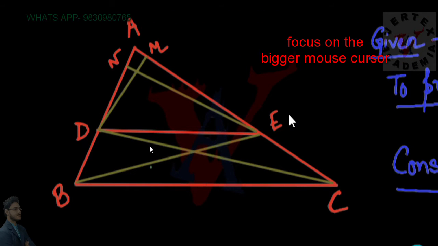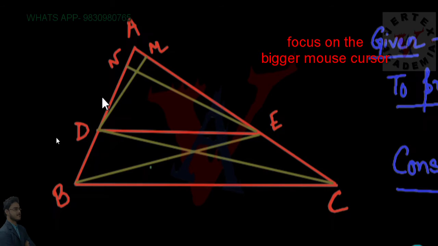So the theorem is telling us that if this is occurring, then AD by DB equals AE by EC. It actually means that the line DE is dividing the lines AB and AC in the same ratio, that is, AD by DB equals AE by EC.